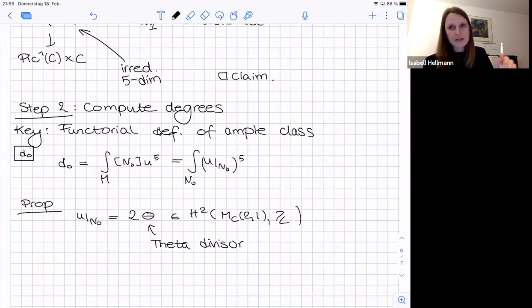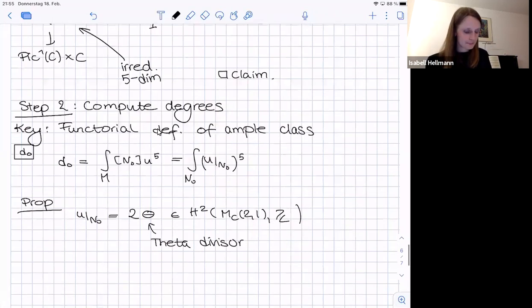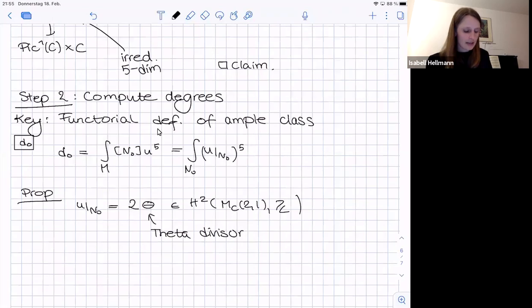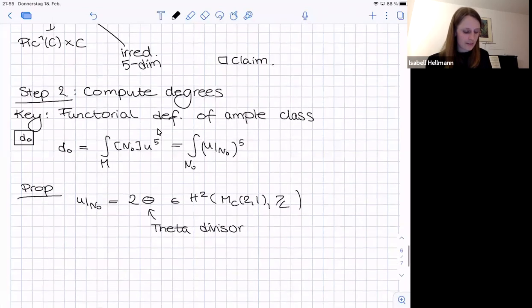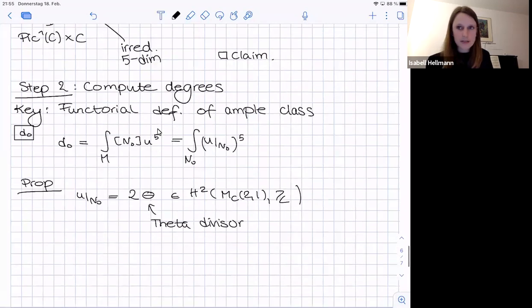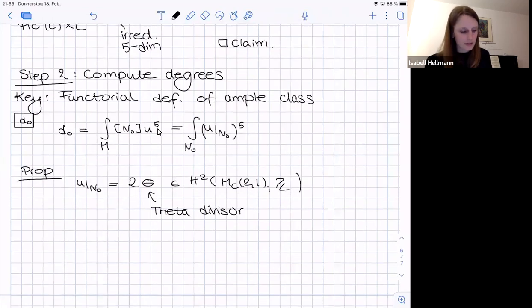So h0 minus h1 is 0, but there's a codimension 1 locus where h0 jumps, and this is the theta divisor. It's also, if you fix the determinant, then this class is a generator of the Picard group of a moduli space of vector bundles with fixed determinant.